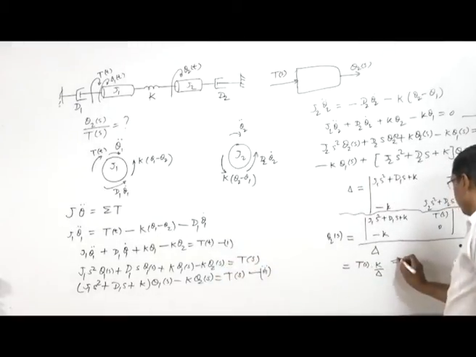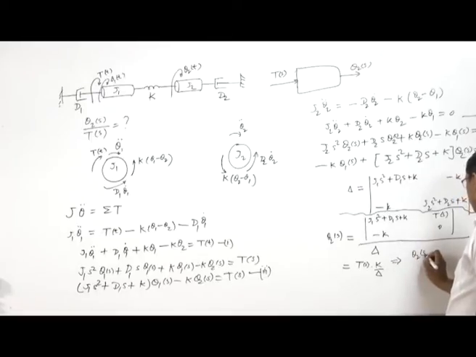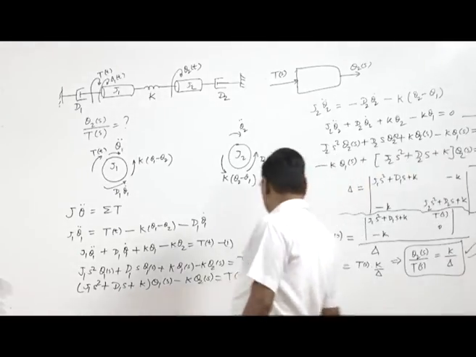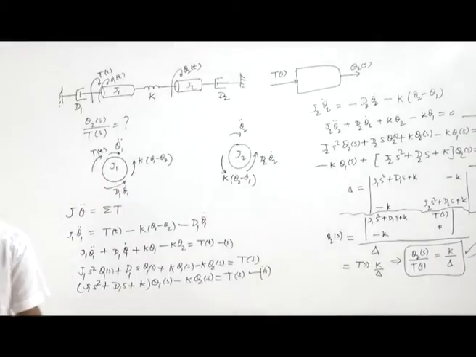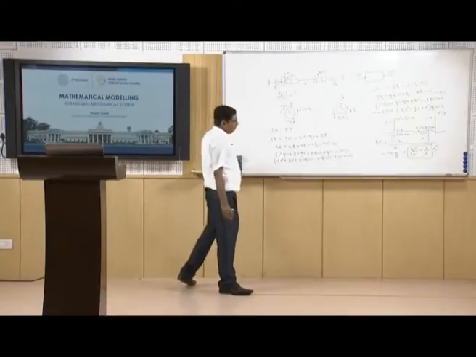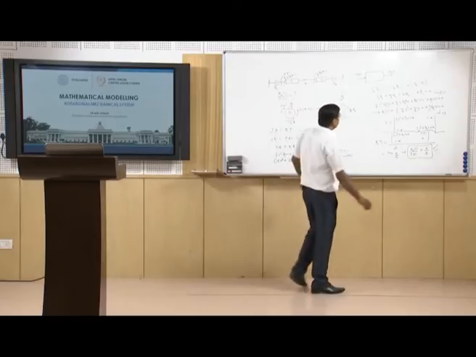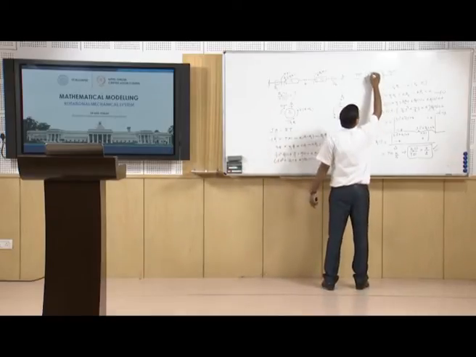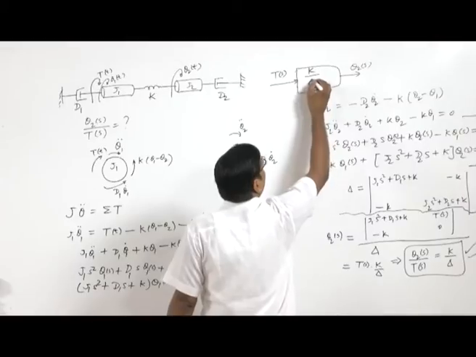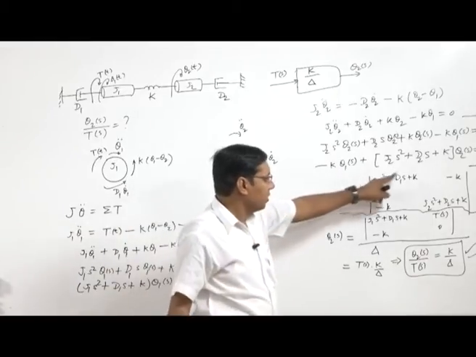So theta 2 s by T s equals K by delta. So this is the transfer function theta 2 s by T s. Here it is K by delta, and delta is given by this determinant.